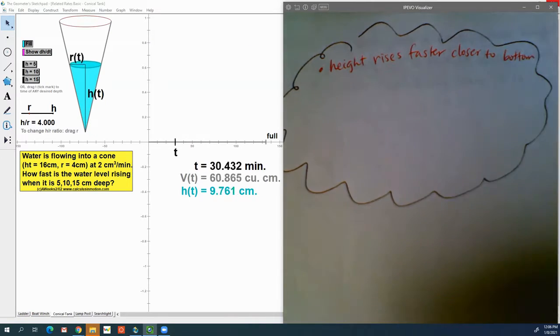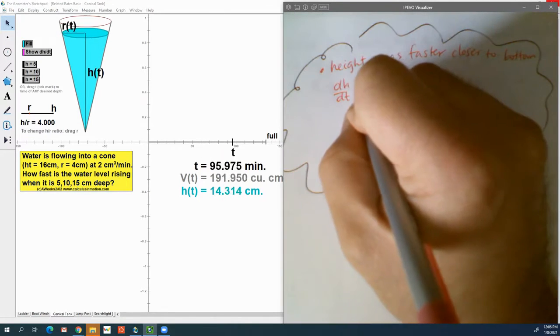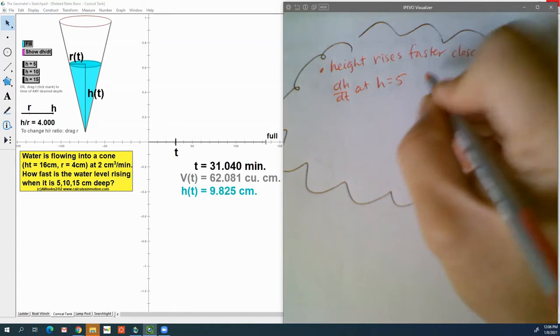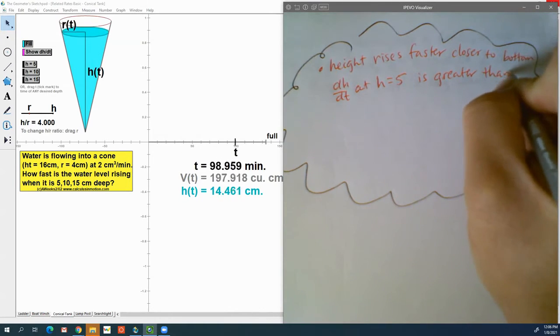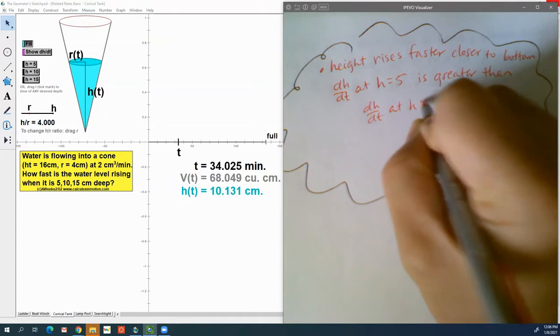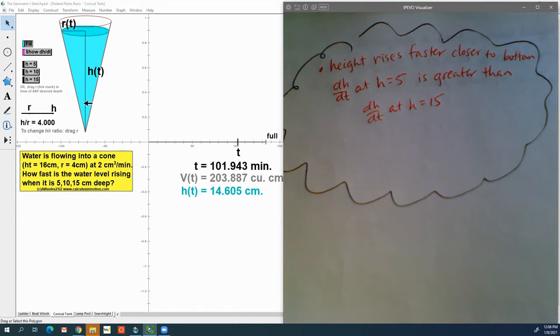So in other words, the rate of change, dH over dt at h equals 5 is greater than dH over dt at h equals 15, for example. Because again, when the height of the water is 5, it's rising a lot faster than it is towards the top here. So the height rises faster closer to the bottom.